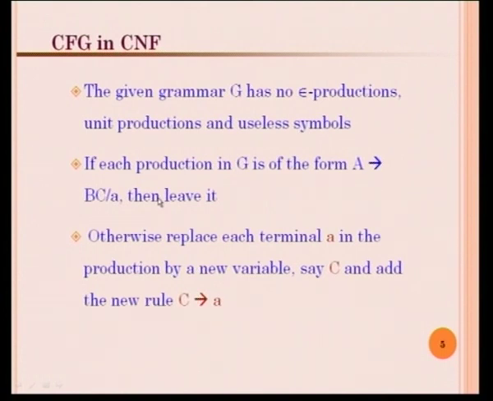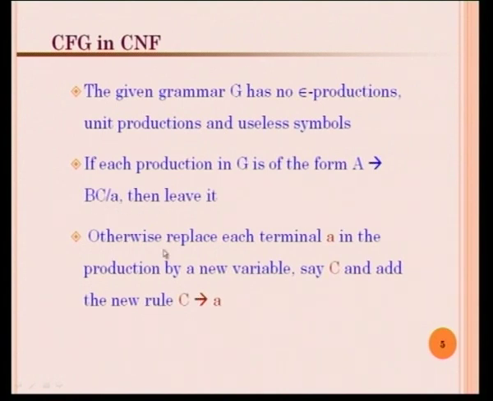Because the format of each production in CNF is only A derives BC or A derives small a. Since the productions are already of that form, we can simply leave them. Suppose the productions are not of the form BC or a.